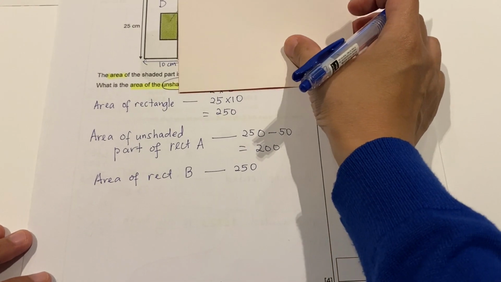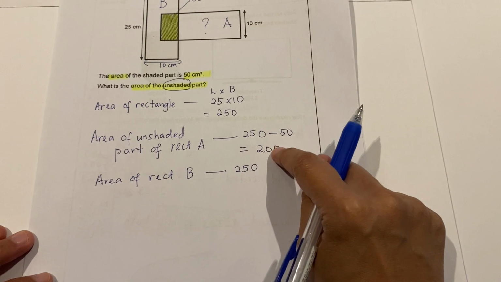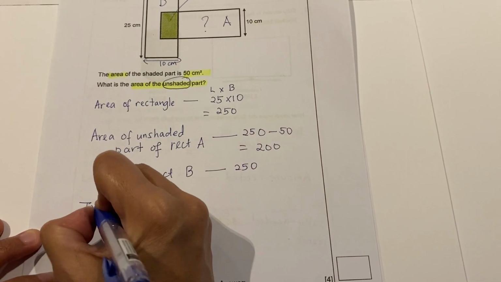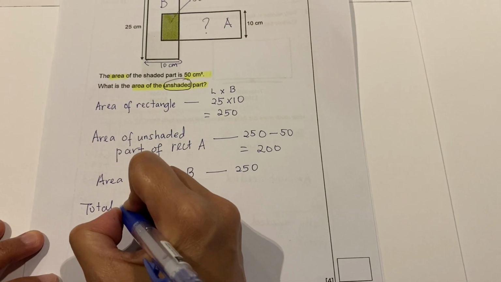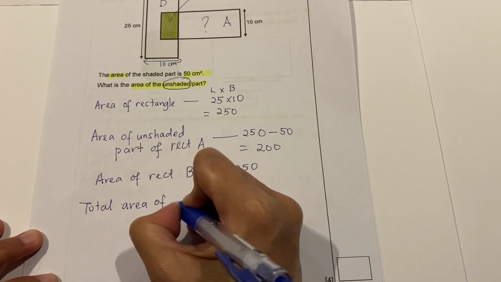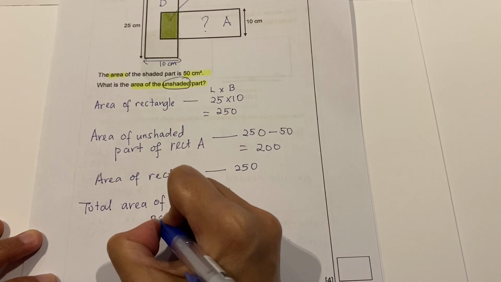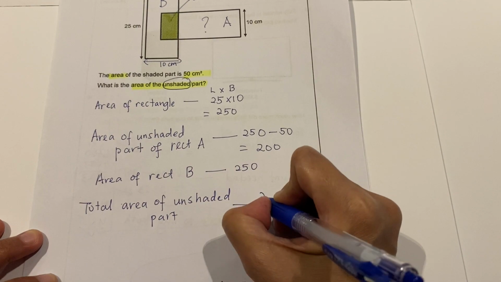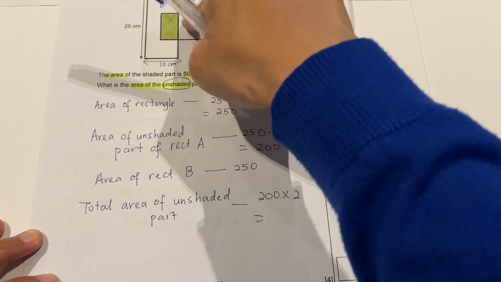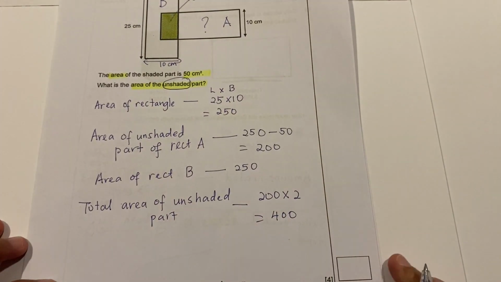So in other words, all you need to do is you just take this answer, and you just multiply. So just write down total area of unshaded part is 200 times 2, this and this. Okay, so that's 400.